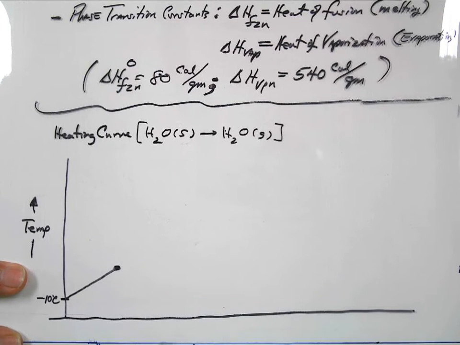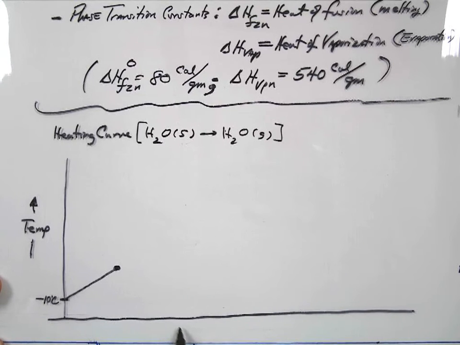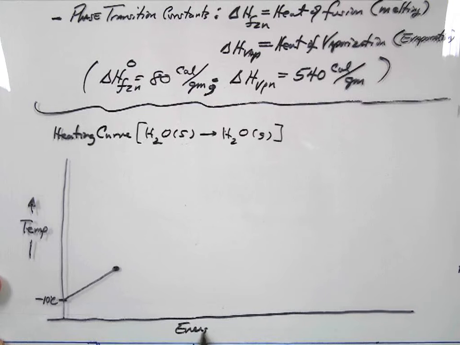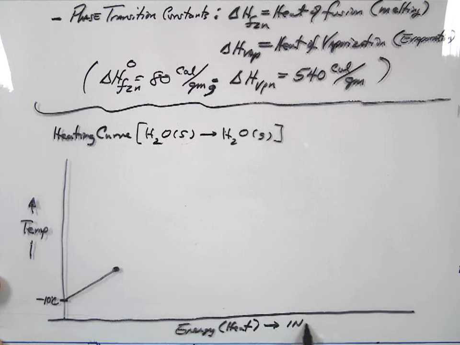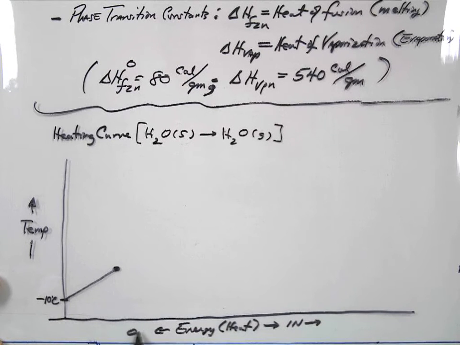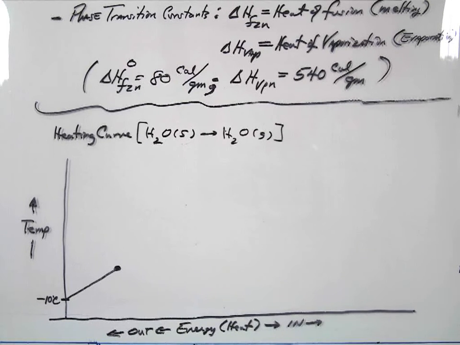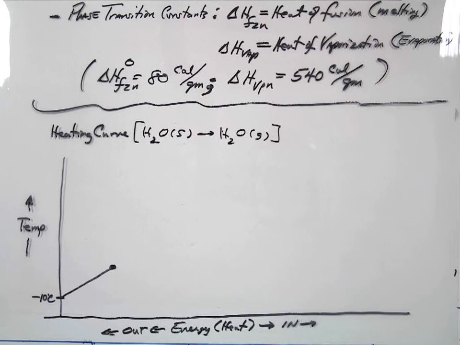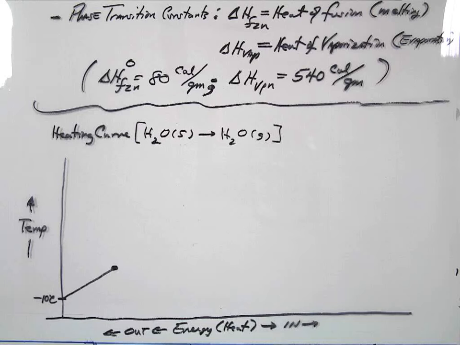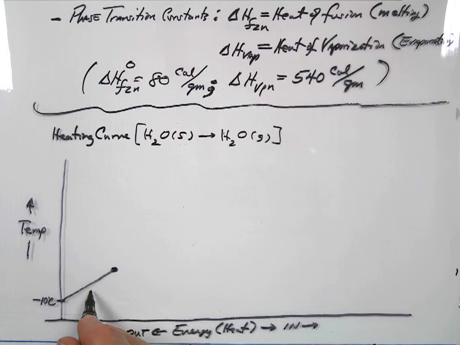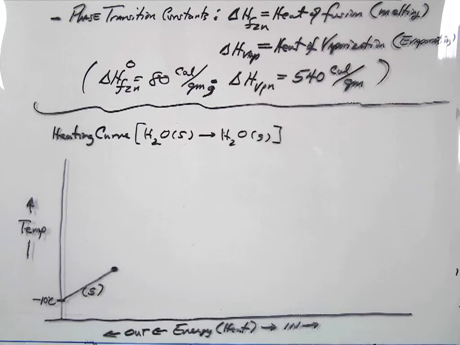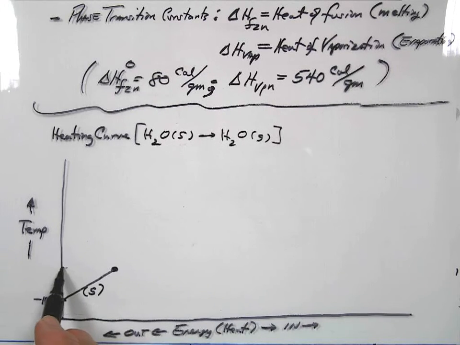Now, horizontally, we have energy, heat, in, if you're going that way. If you're going this way, we're taking energy out. In that context. So in order for us to melt our 10 grams of ice solid, we have to add energy to bring it up to 0 degrees as the melting point.